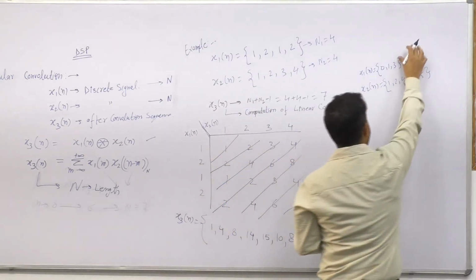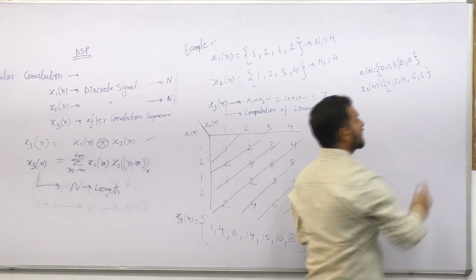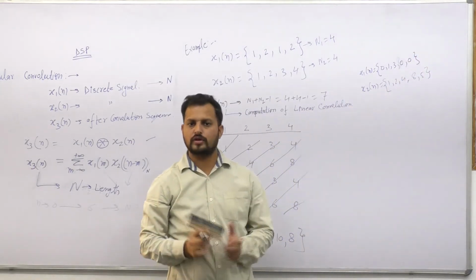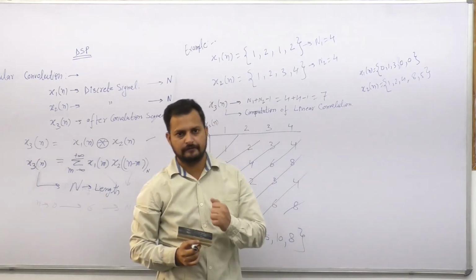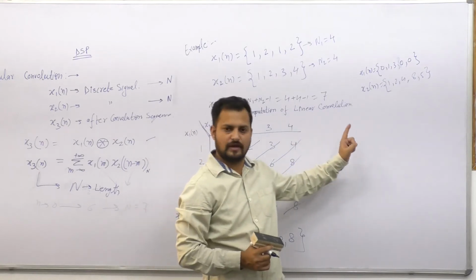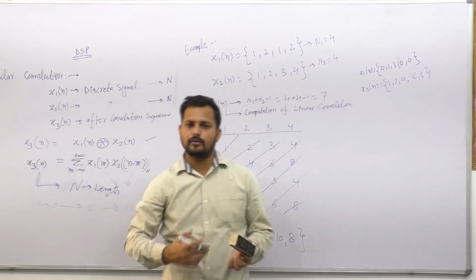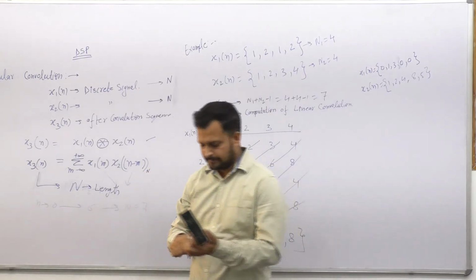How do we make the length 5? We initially put two zeros so that the lengths become equal. So in this case n equals 5, and for n equals 5 we will compute the rest of the part, right?